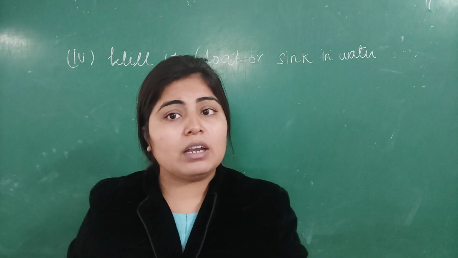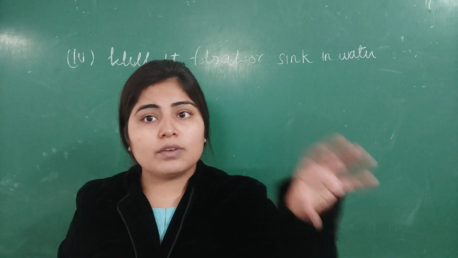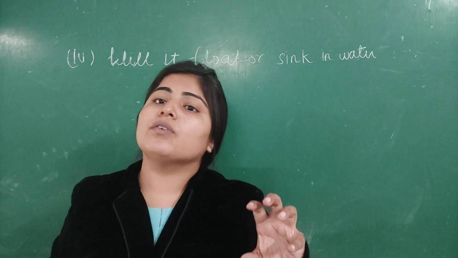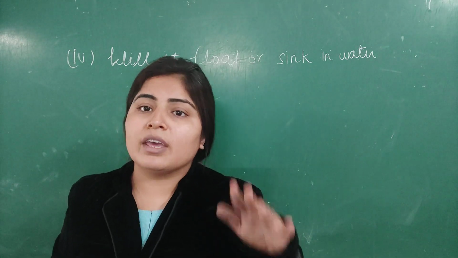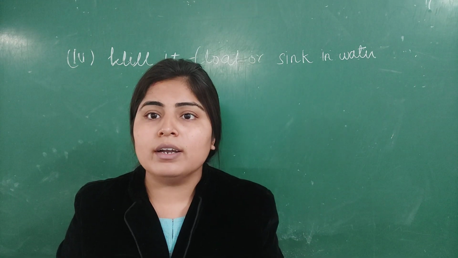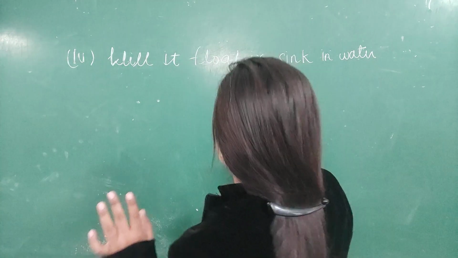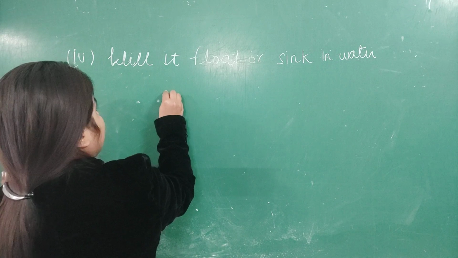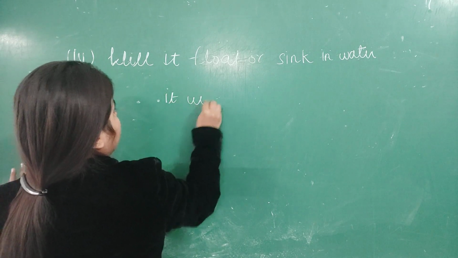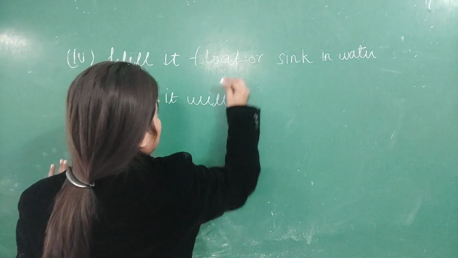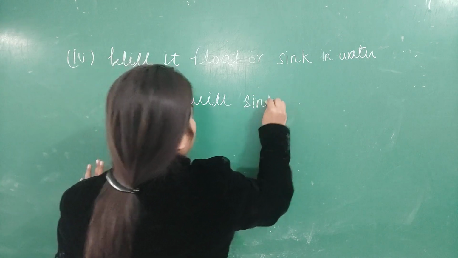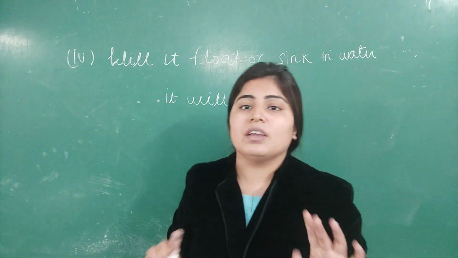So it is very clear that if the density of the solid is greater than the density of the water, it will sink. So here what is the density of the solid? It is 1.42. Of course it will sink. So now the solid will sink. That is its answer. So I think this part of the numerical is very clear to you all.